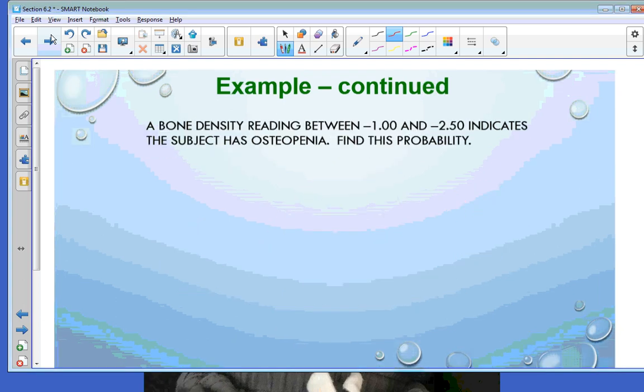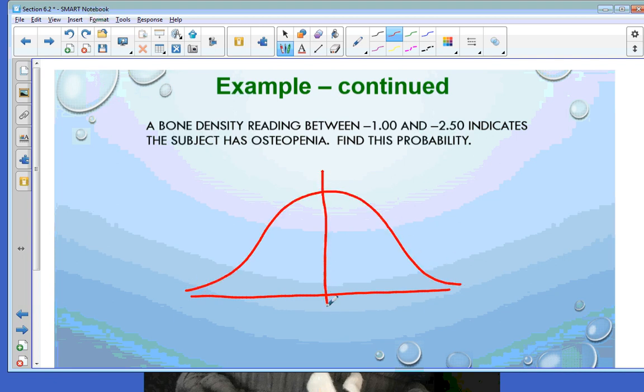So now it says I want a bone density reading between -1 and -2.5 because this indicates that the subject or the patient has osteopenia. So again, that little sketch doesn't take long to do, but it really does help keep things where they should be.